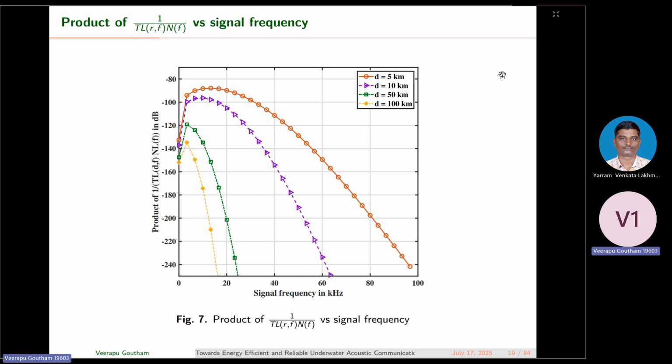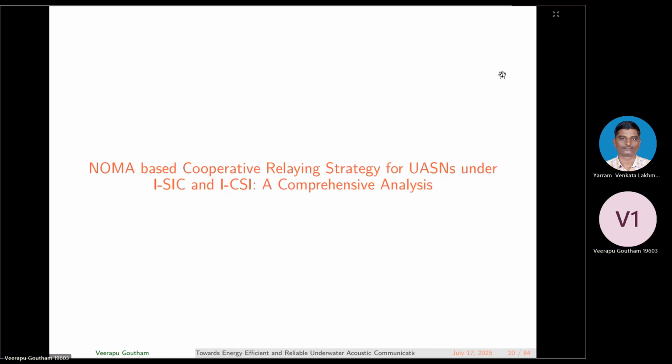But that same consideration we cannot take in the underwater medium, because here the product of transmission losses and the ambient noise level is mainly dependent on the frequency and distance. Now we understood the underwater physical layer channel.